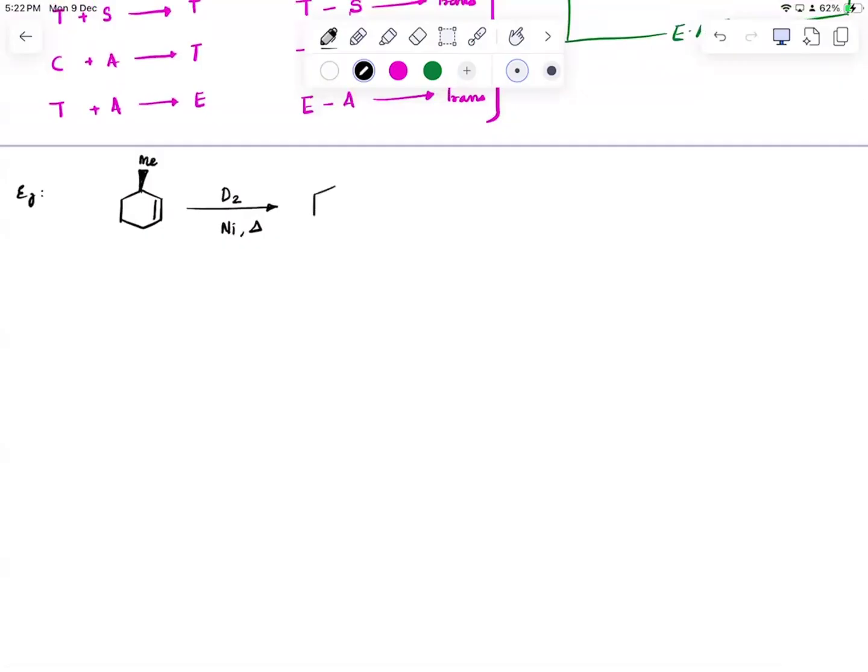Obviously, this is a cis form of a molecule. There is a methyl here. So I will make a deuterium addition like this. And this deuterium could be added from the top also. And this deuterium can be added from the bottom also, which means this way.